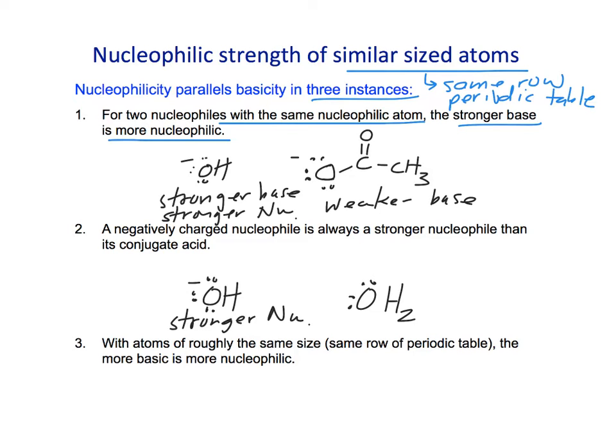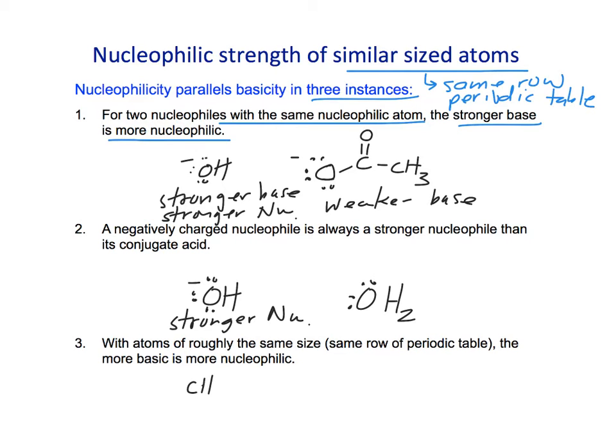The third instance here is that if we have atoms of roughly the same size, the more basic is the more nucleophilic. So this follows even when we have different atoms. We looked at this when we were looking at acidity as well.